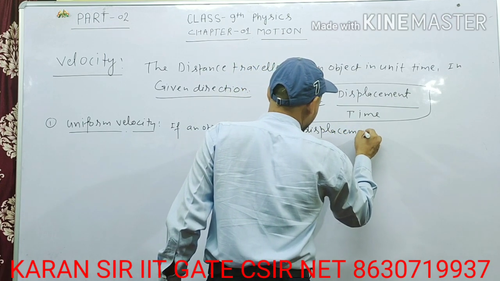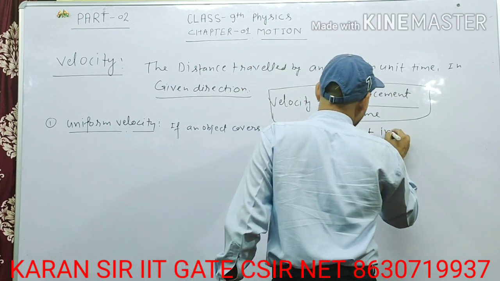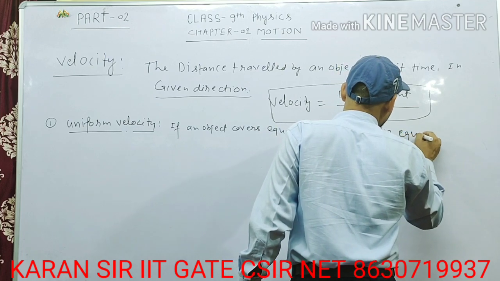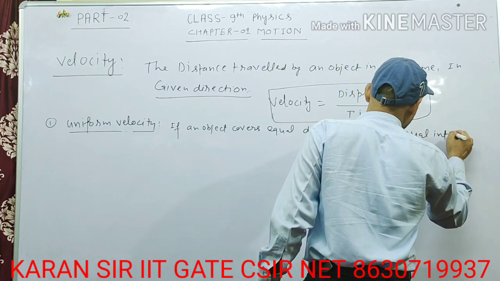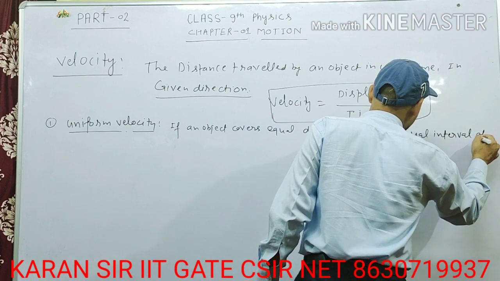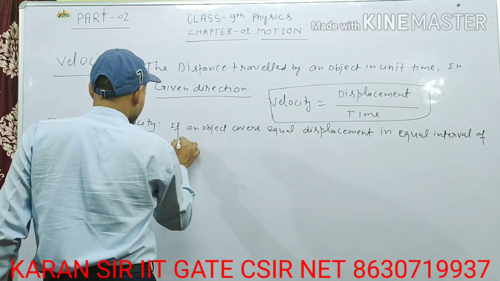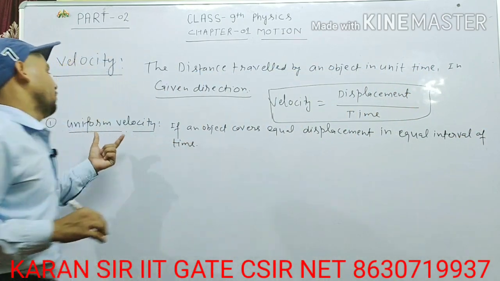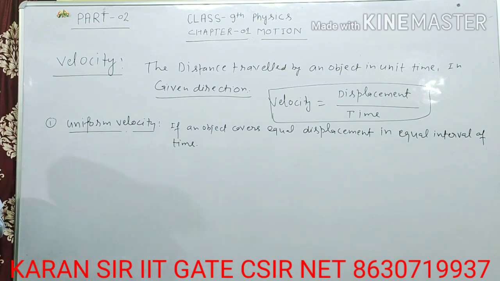If an object covers equal displacement in equal interval of time, then the velocity is called uniform velocity.